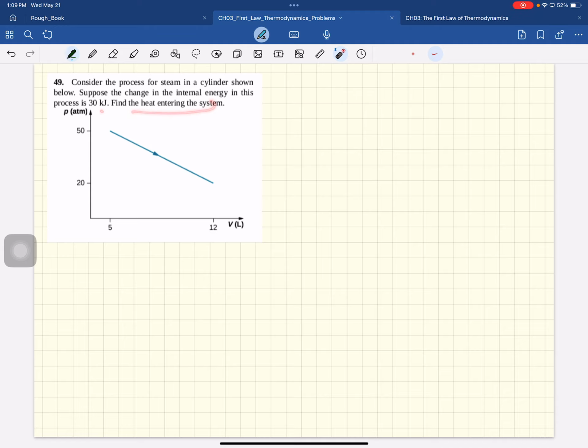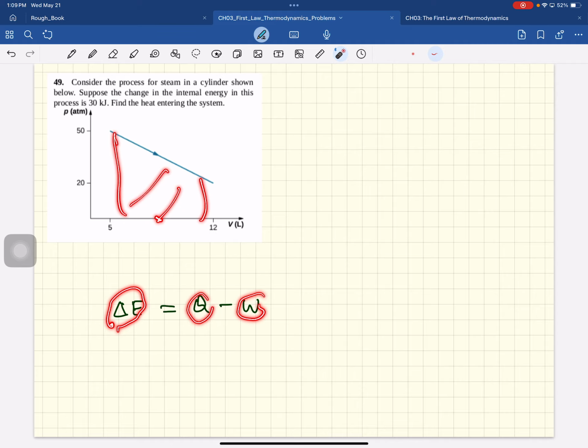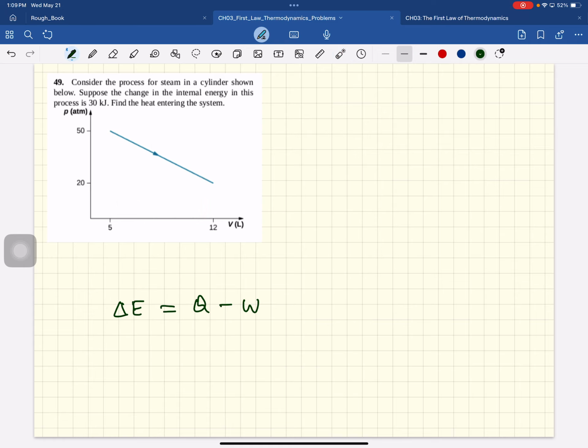So delta E equals Q minus W. They've given you this, you can calculate this, which is the area under the curve. So Q is delta E plus W.